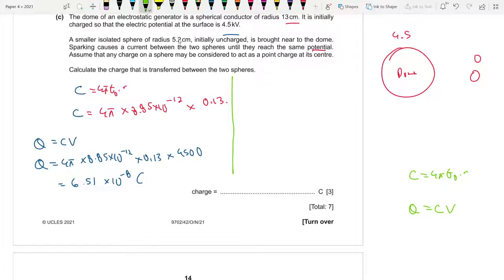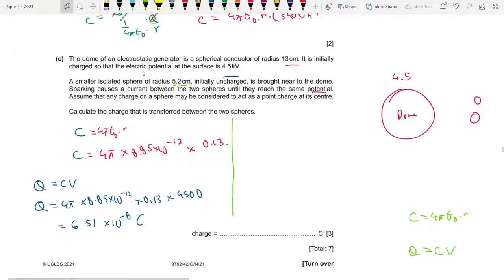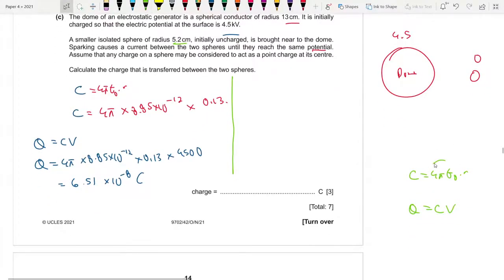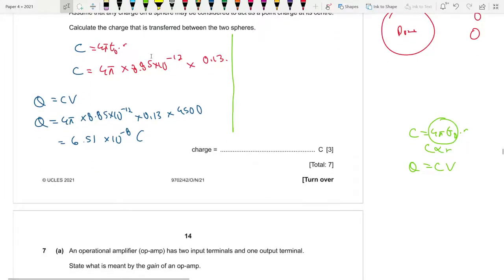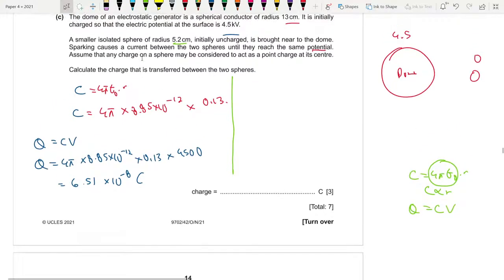So what's the difference between these two spheres? The radius varies, right? That's literally it. Only the radius varies. This thing is a constant, so we can say that capacitance is proportional to r. So the greater the radius, the greater the capacitance.